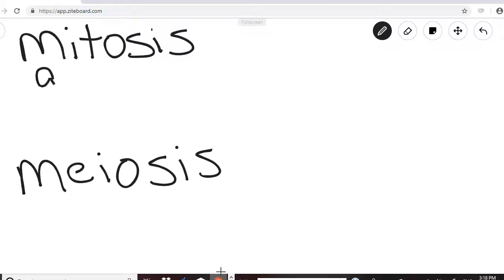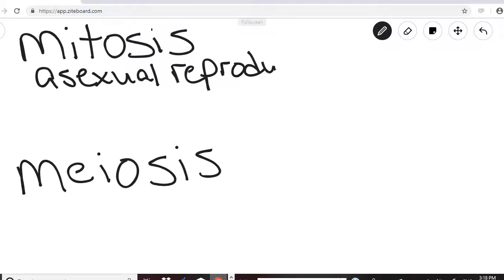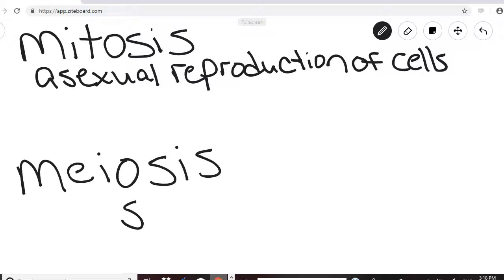Mitosis is asexual reproduction of cells. And meiosis is sexual reproduction.